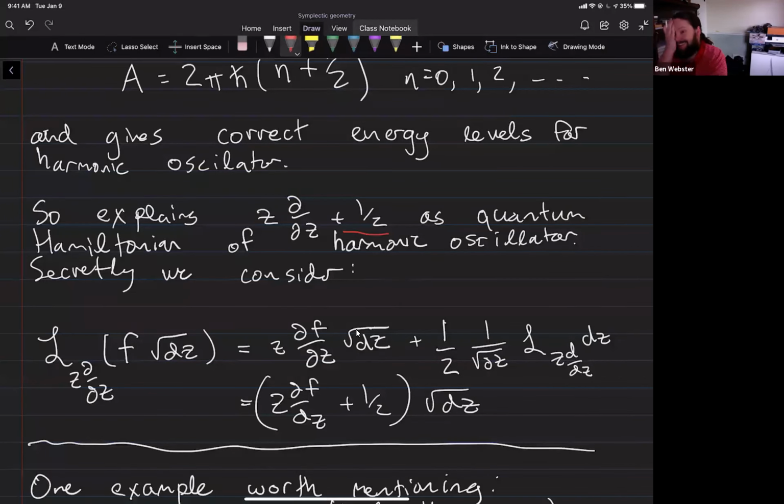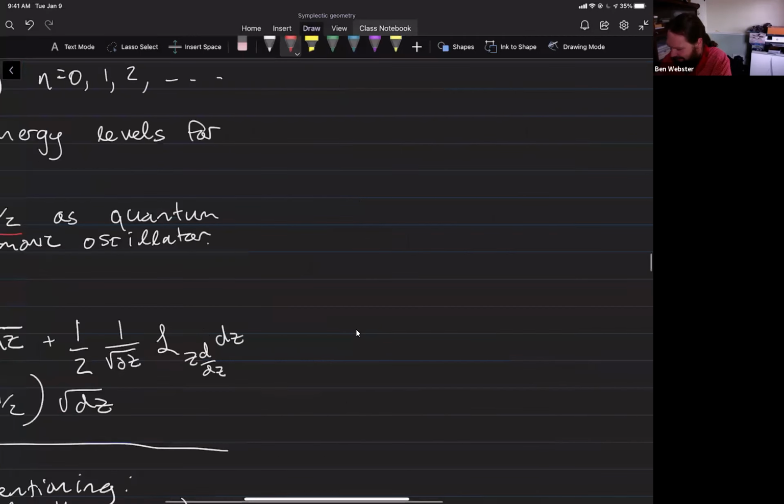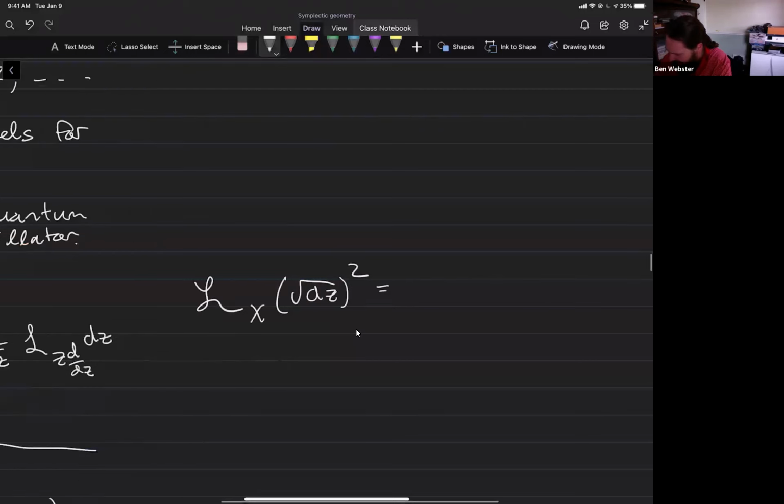And then you think about how to take the derivative of a square root. If the Lie derivative is compatible with multiplication, you think about what it means that the Lie derivative of this guy squared is 2 times this guy times the Lie derivative with respect to x of this guy.